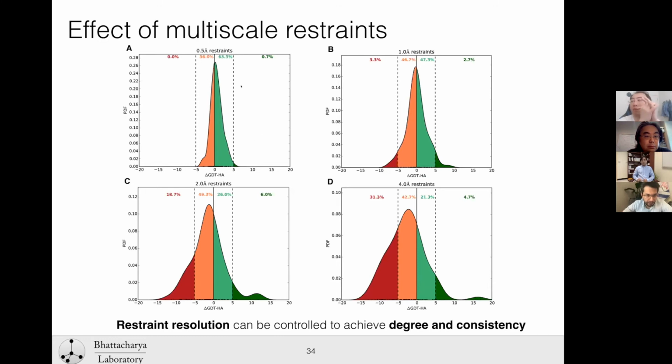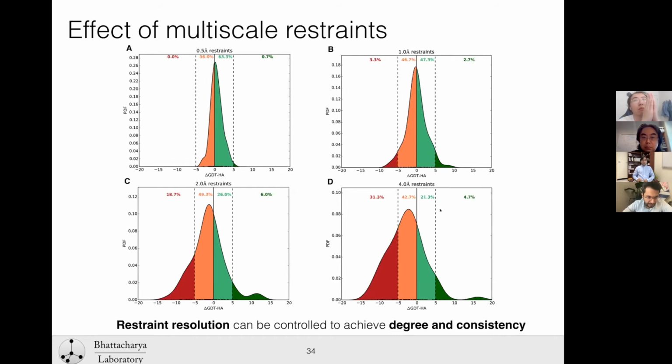These are the distributions of the different multi-scale restraints. We can see when the restraint resolution is very low, that is 0.5 Angstrom, we more consistently improve the starting structures. This corresponds to 60% or above improvement. On the other hand, when we apply 4 Angstrom restraints, we actually ruin the starting structures more than we improve them.